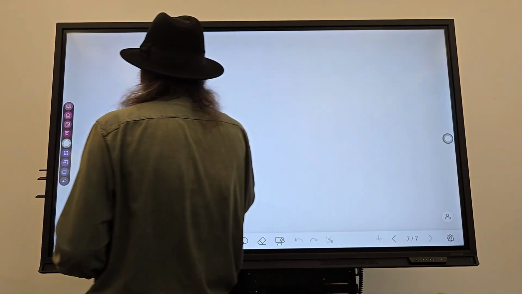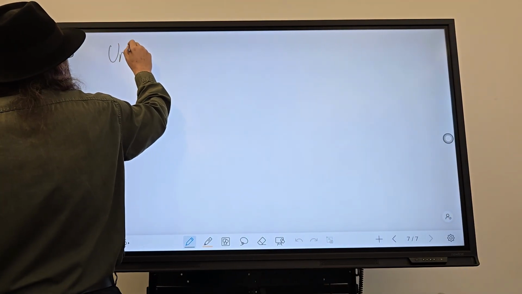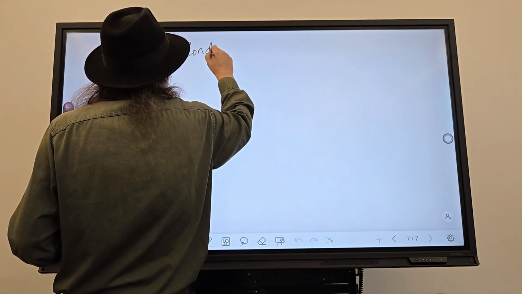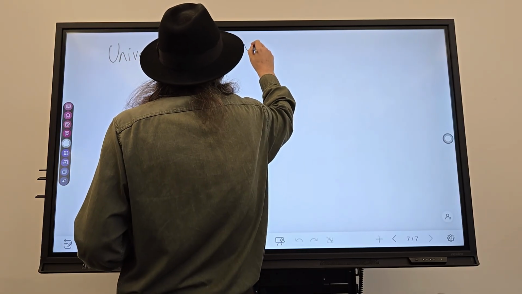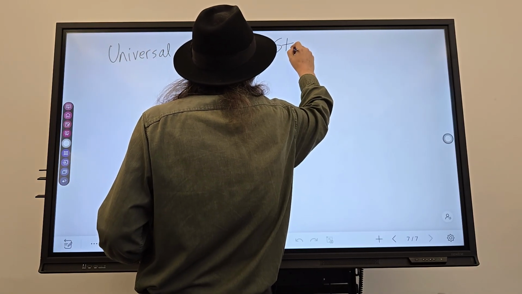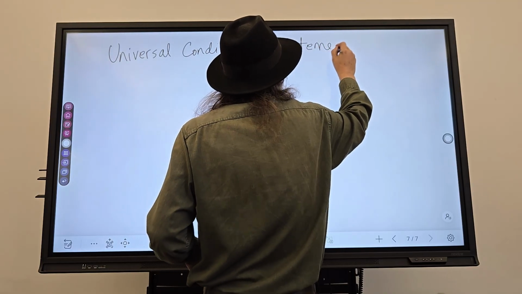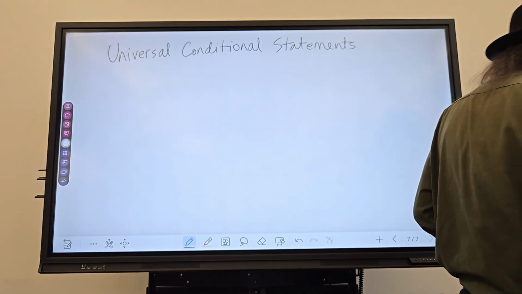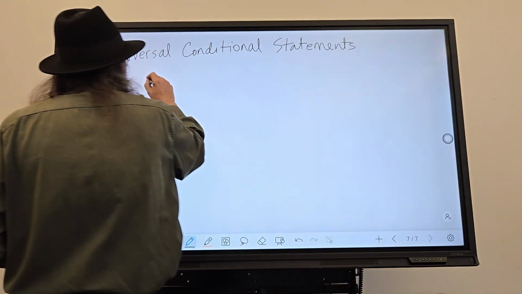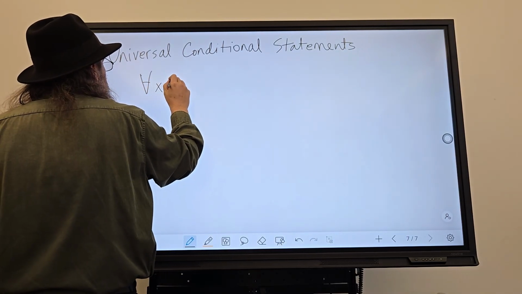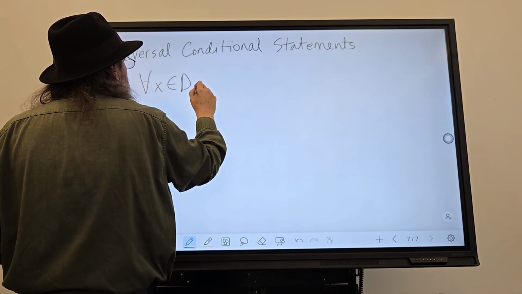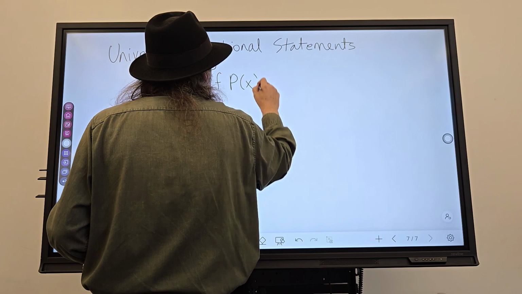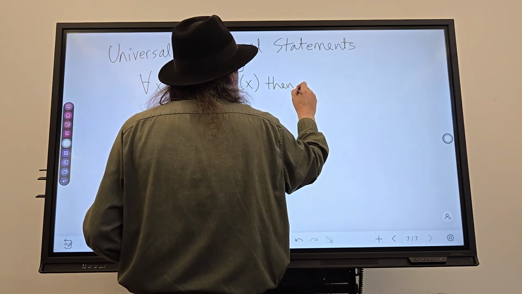Universal conditional statements take the form of: for all x element of D, if P of x, then Q of x.